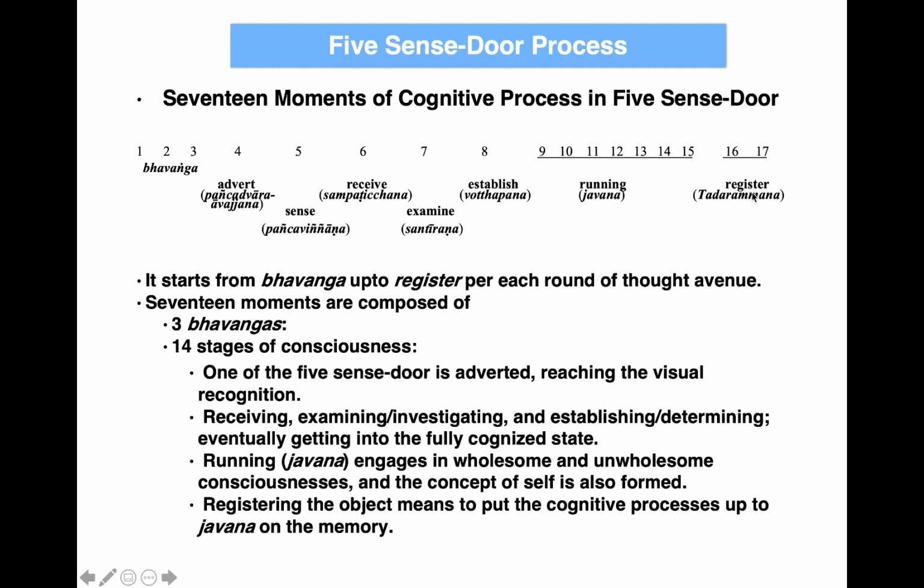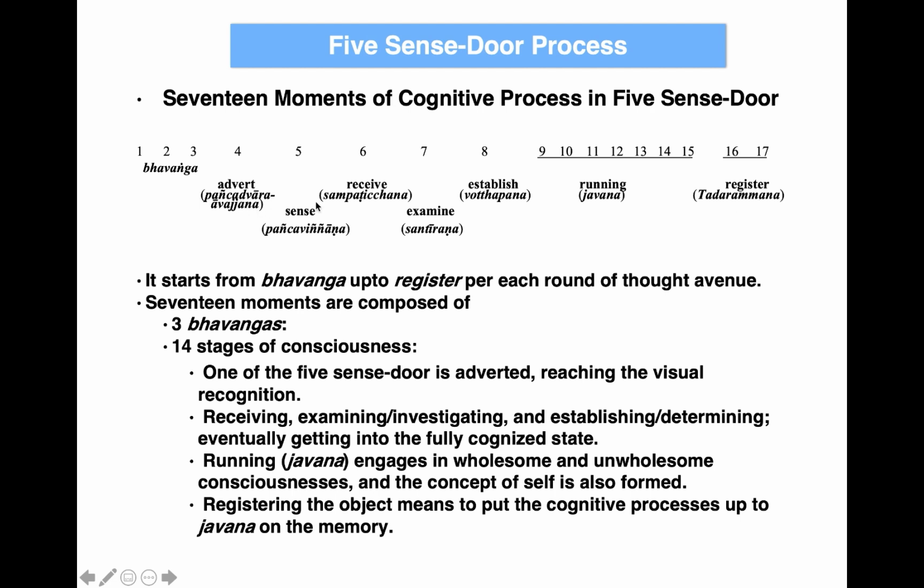So next time when this man sees the mango, he will repeat the same cognitive process, and in the second round, when the man sees the mango, he can use this kind of memory.